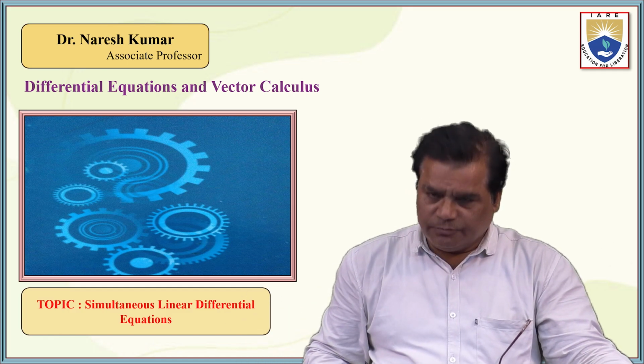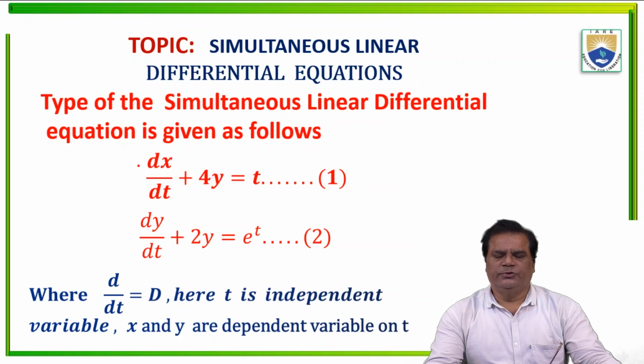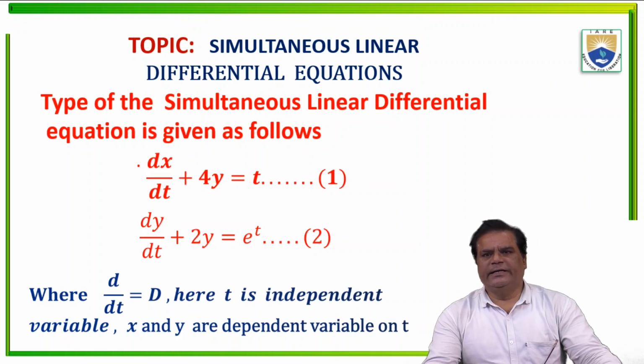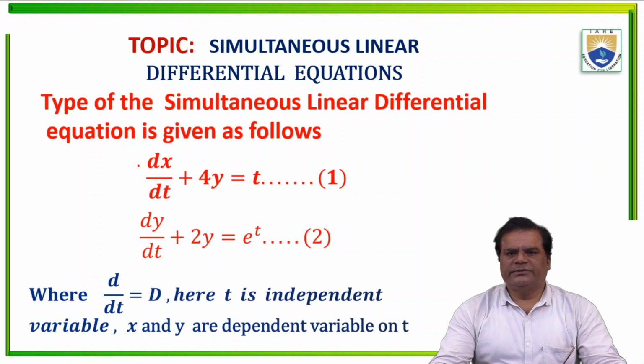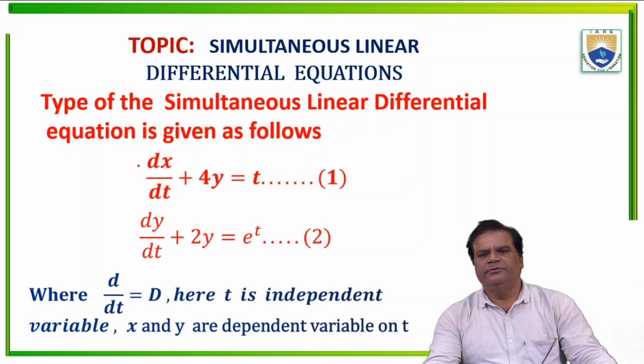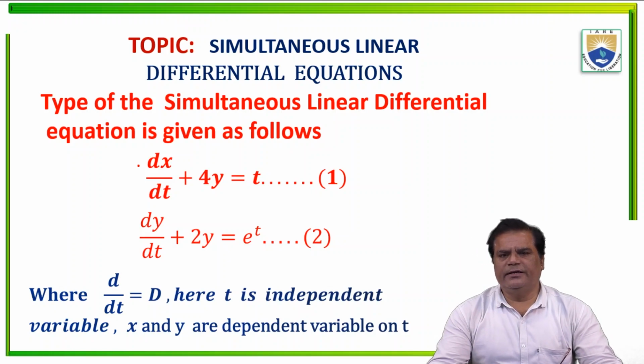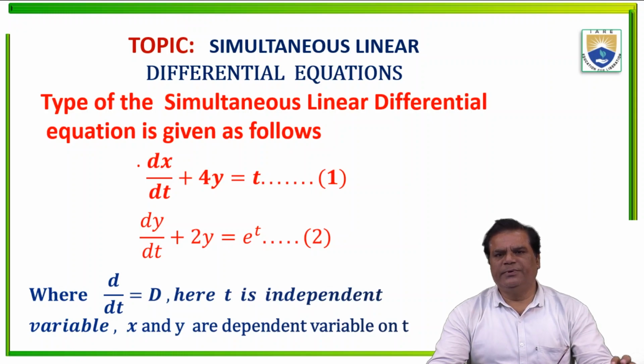So, the types of simultaneous linear differential equations are given as follows. Here we are giving an example of a simultaneous linear differential equation. In this, there are minimum two equations. If two variables are there, then two equations must be present in our question.